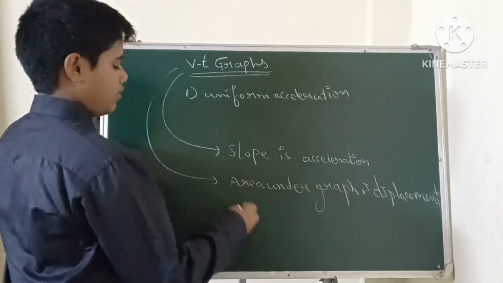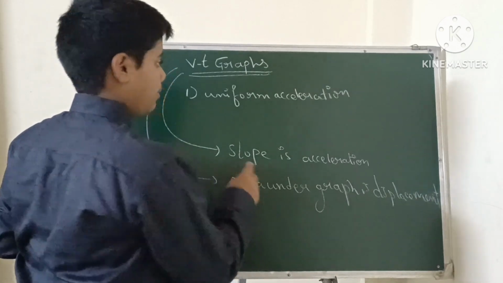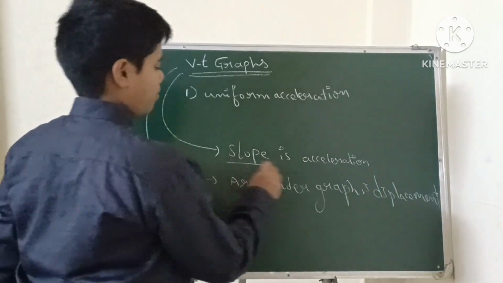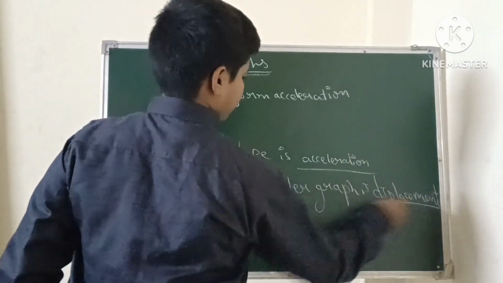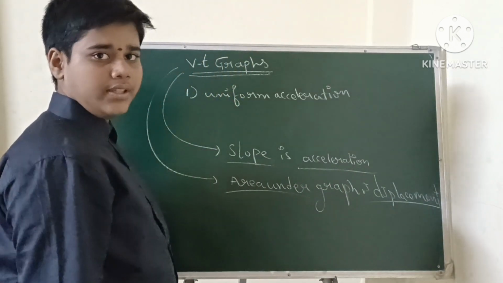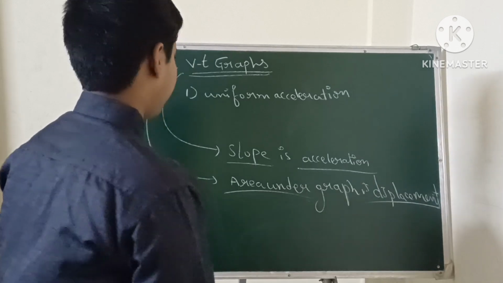Before going to the graphs, remember: slope means acceleration, area means displacement.